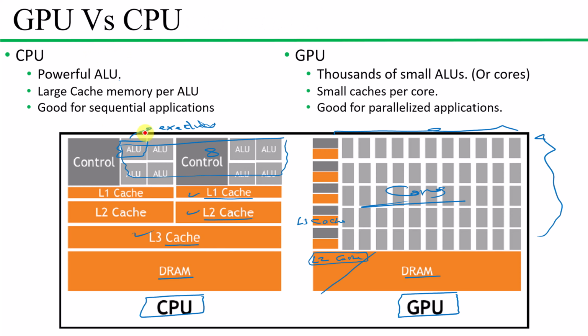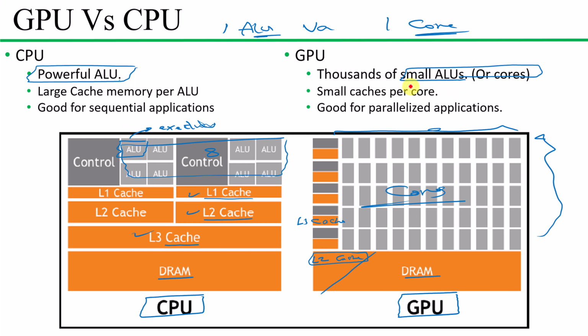In a one-to-one comparison, one-to-one here means we are comparing one ALU from the CPU with one core in the GPU, the ALUs in CPUs are markedly more powerful and more complex than the cores in GPUs.